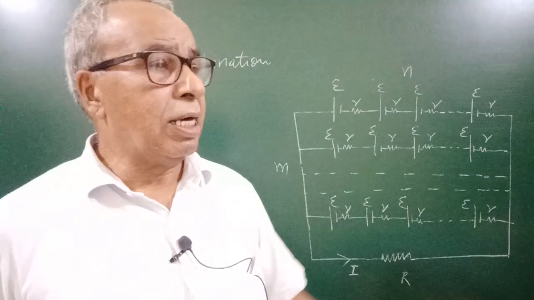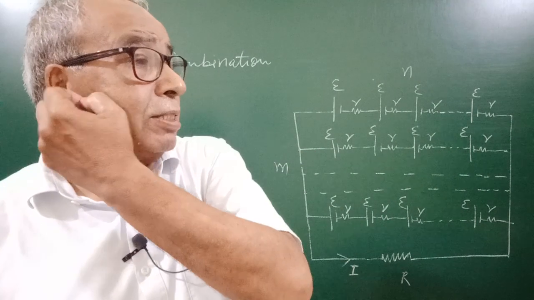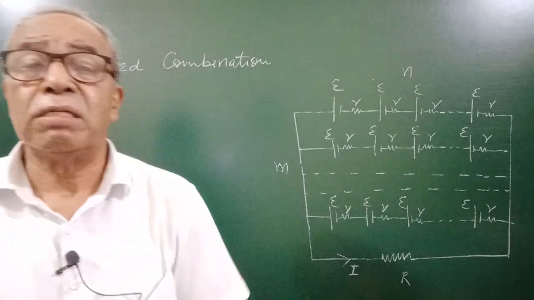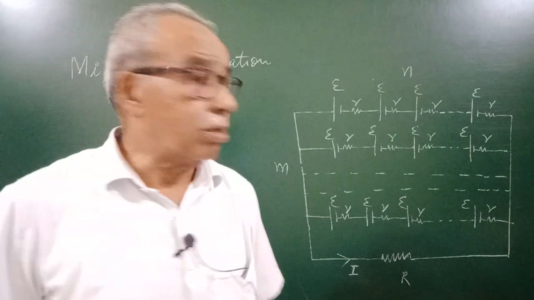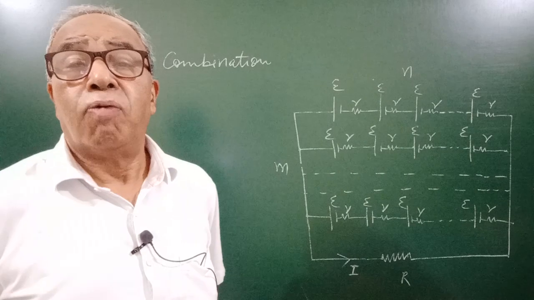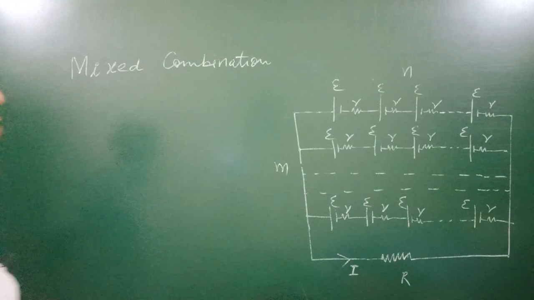We get current n times the single cell. And in parallel, when the resistance of cells is much higher than the external resistance, then we get the current. But if these two conditions are not followed, what to do? So we can use a mixed combination.